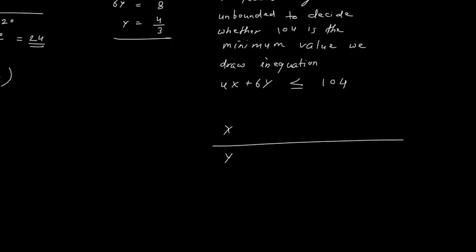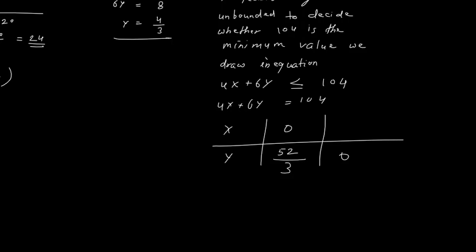I will consider 4x plus 6y is 104. So when I take x 0, I will get y as 104 divided by 6. So that is 52 upon 3. And when I take y 0, I will get 104 divided by 4.